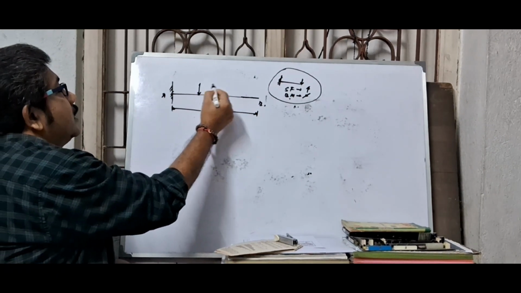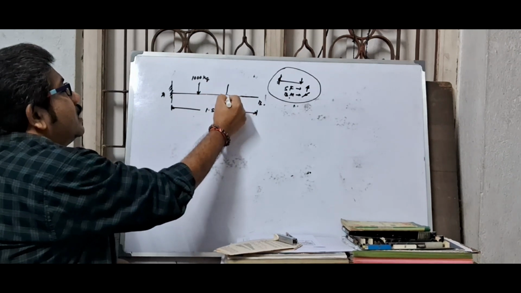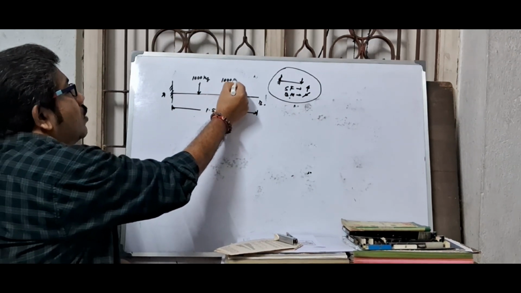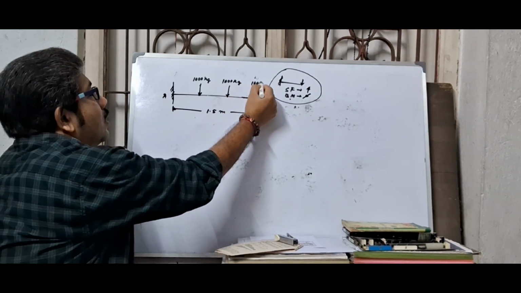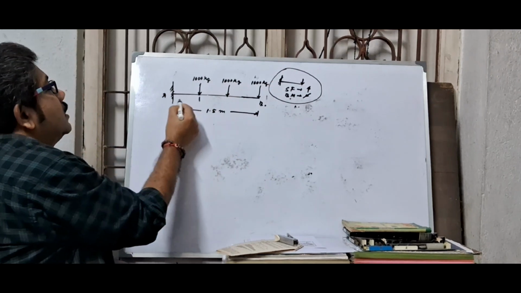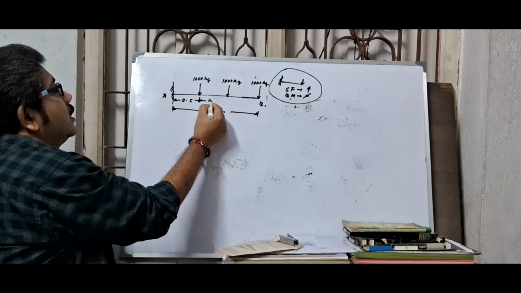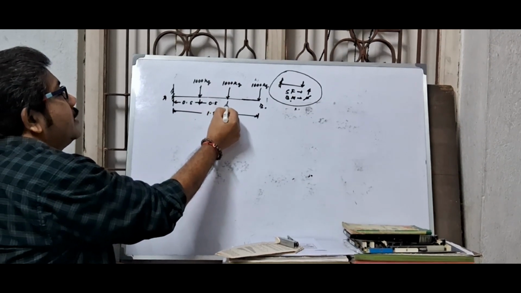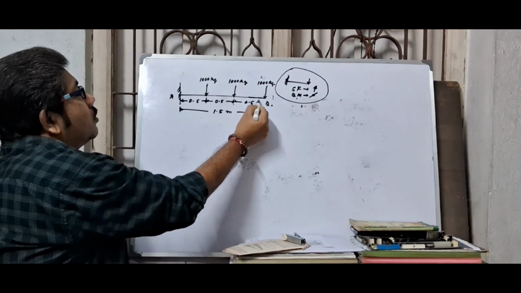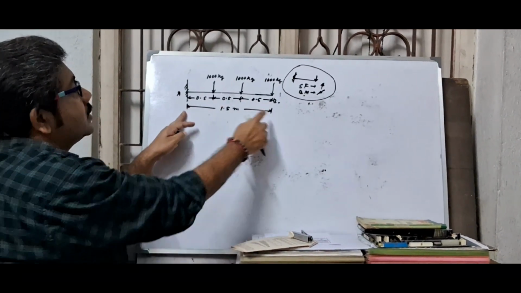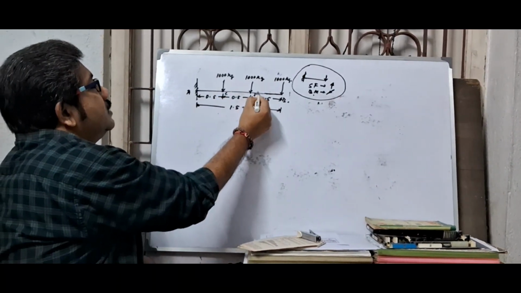And here is a load of 1000 kg, here a load of 1000 kg, and here a load of 1000 kg. From the fixed end it is 0.5. That means here this is 1 meter and this is also 0.5. That means from the fixed end this is 1.5 meter. And here this is CD.